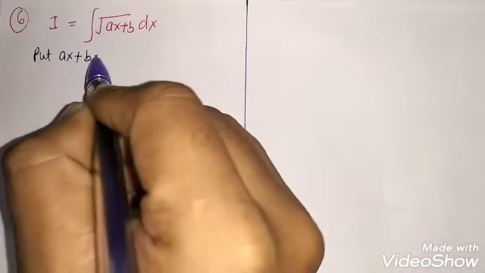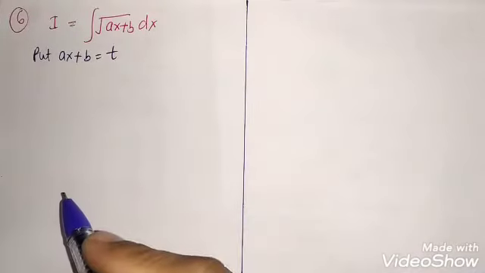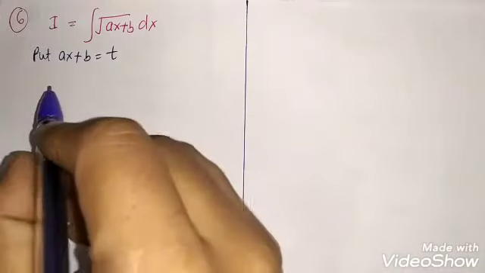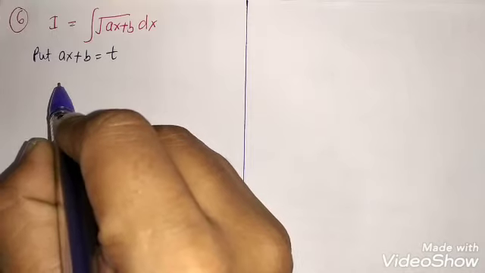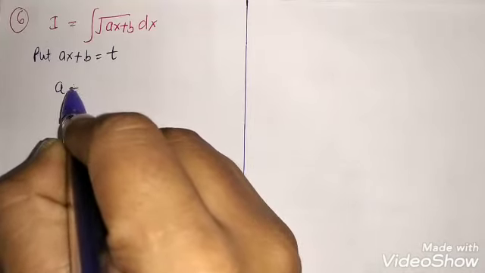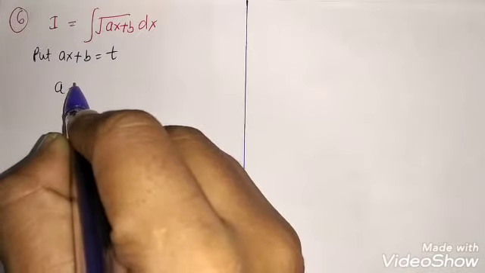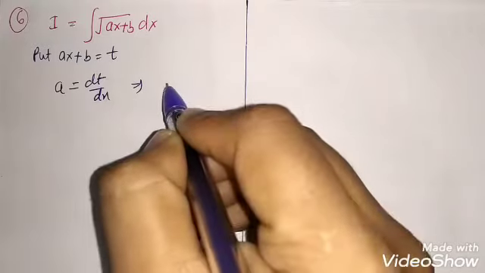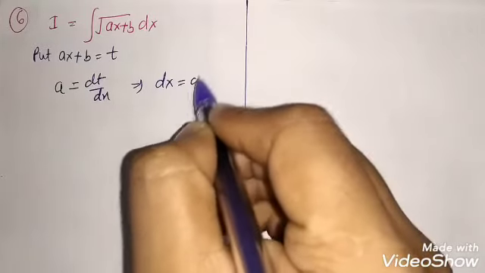Put ax plus b equal to t. Differentiating both sides, we get a plus 0, so a is equal to dt upon dx. This gives dx equal to dt by a.